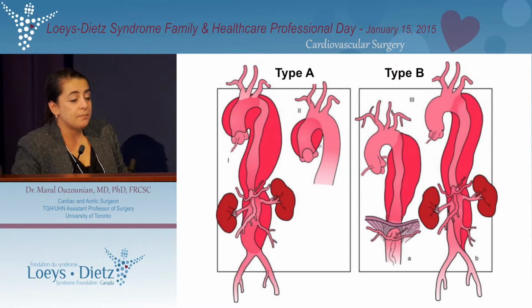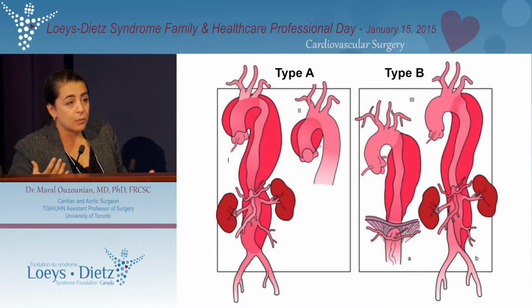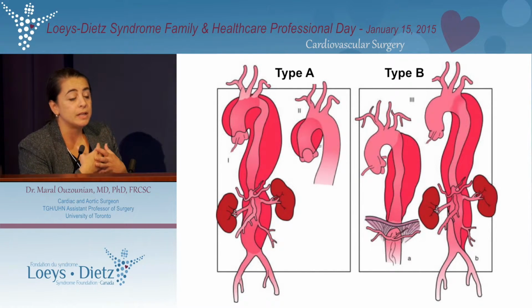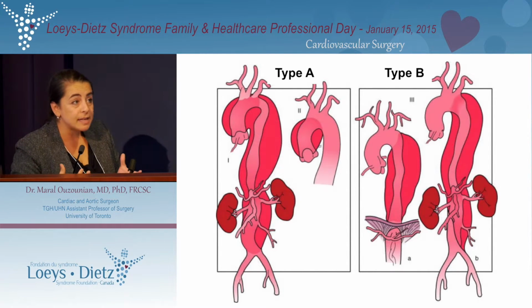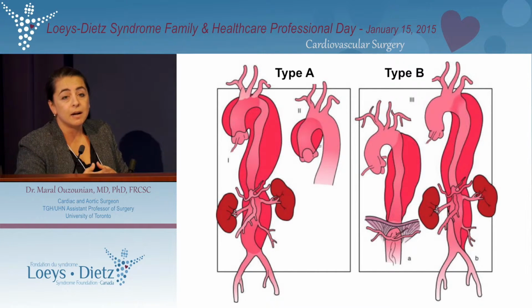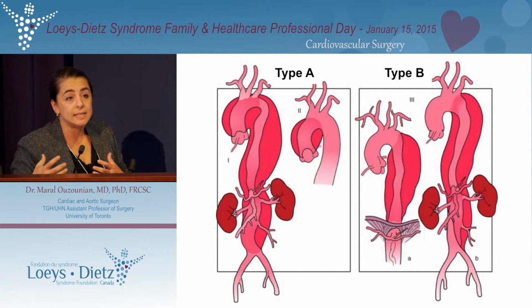Most patients with type B dissections are treated with blood pressure control and close monitoring, and certainly patients with connective tissue problems, Marfan syndrome or Loeys-Dietz, we would image very, very frequently initially, even within the first few days after a type B dissection, and then do very close CT scans to make sure that the aorta is stable.